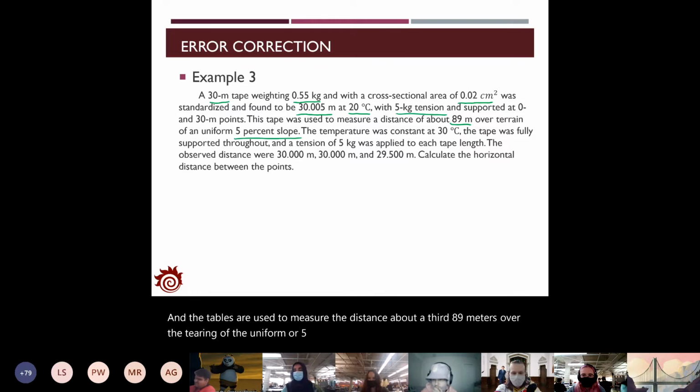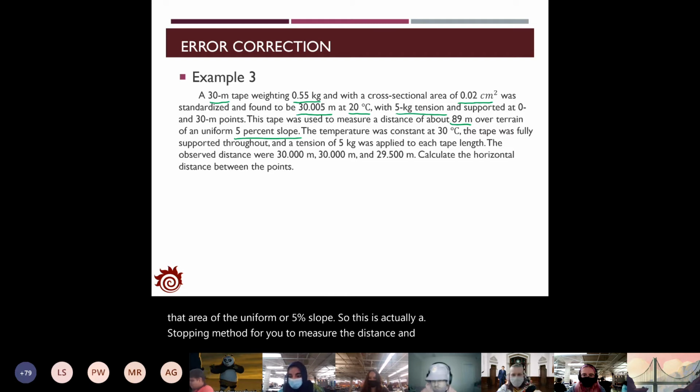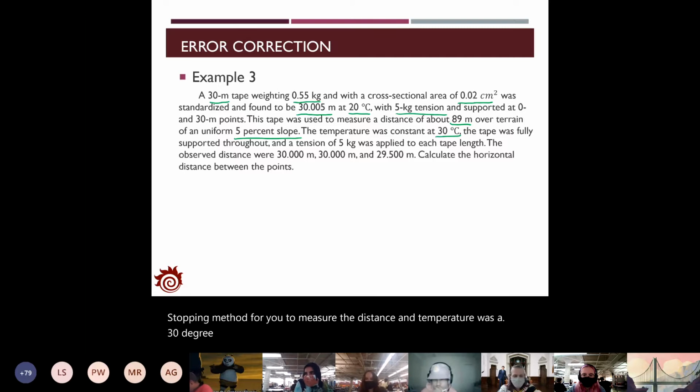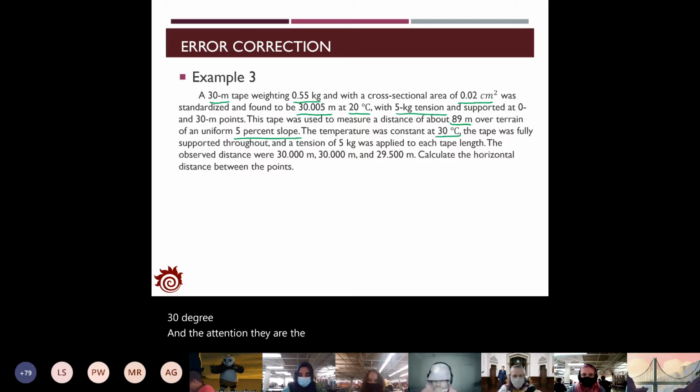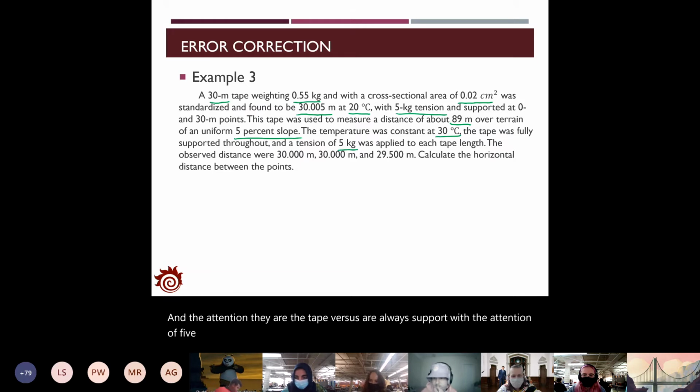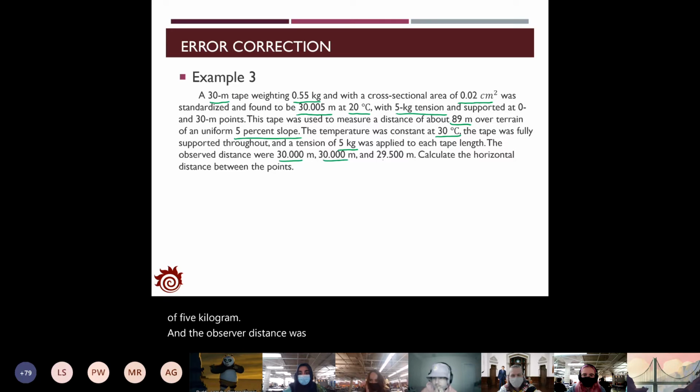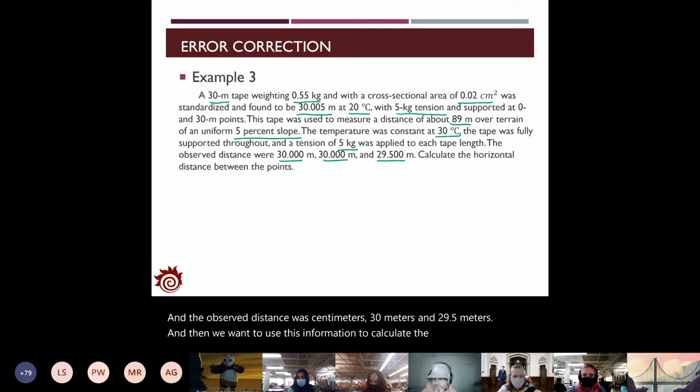So this is actually a sloping method for you to measure the distance. And the temperature was 30 degrees, and the tape was always supported with the tension of 5 kilogram, and the observed distance was 30 meters, 30 meters, and 29.5 meters. And then we want to use this information to calculate the horizontal distance between the 2 points.